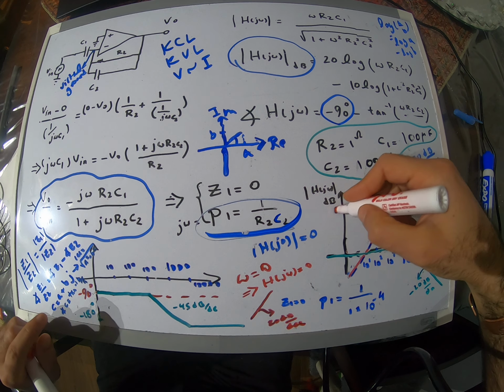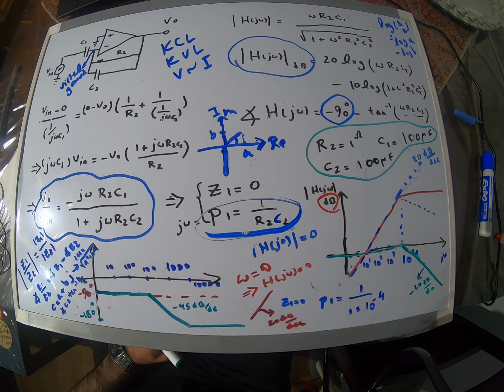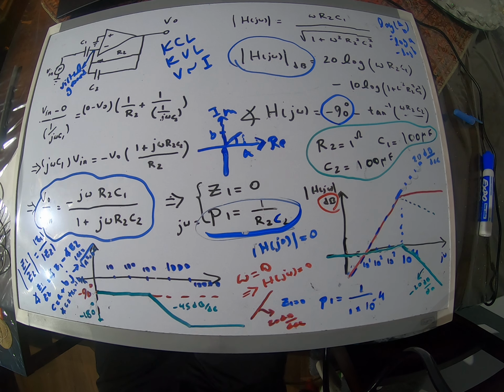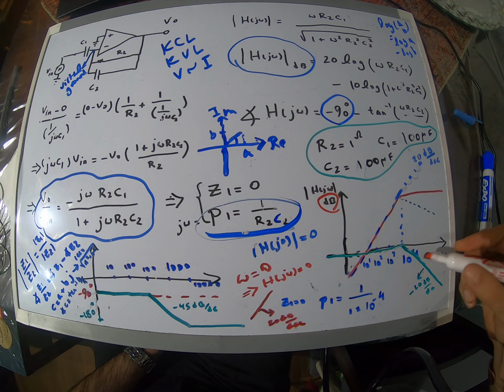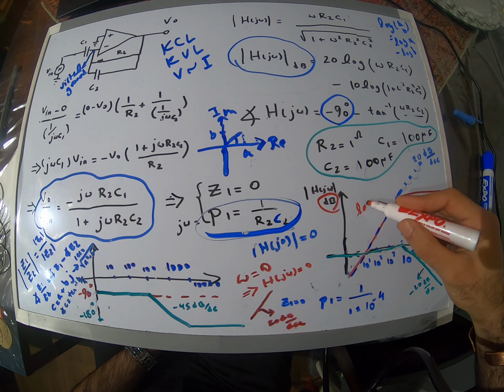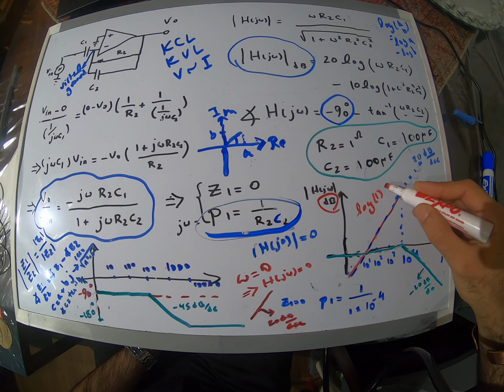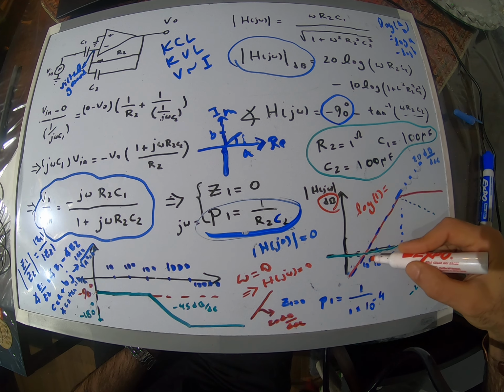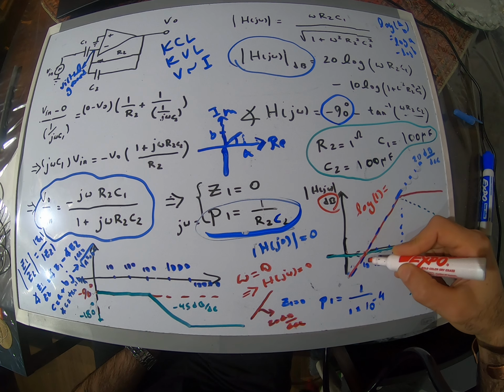This is in dB, right? So do we know log of 0? No, it's not defined, right? But we know log of 1. What is log of 1? I'm making a mistake here. This should be 1.